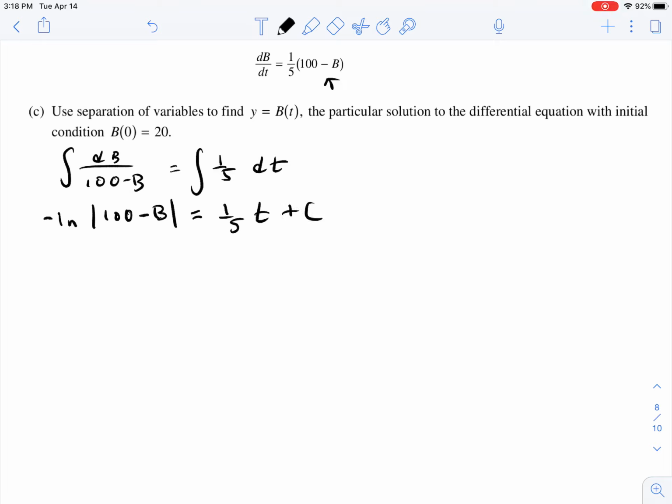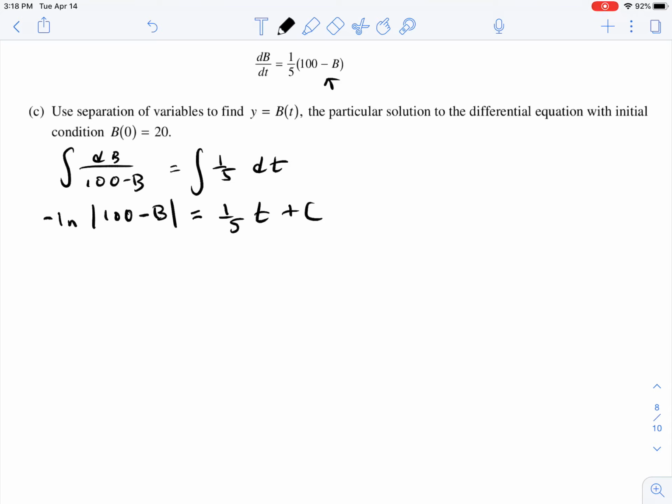Okay. So we separated the variables, we integrated both sides, and now we can either continue to solve for our b value, or just write b in terms of t, or we can actually solve for a constant here as well. It's up to you. I'm going to go ahead and actually do a few things before I exponentiate.